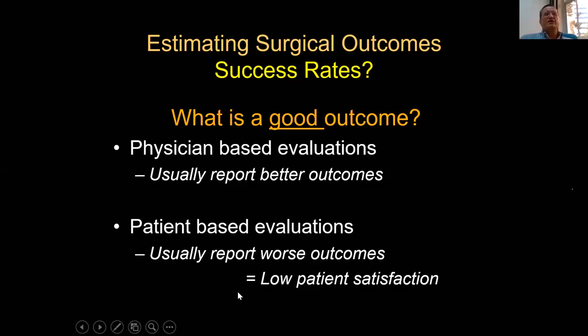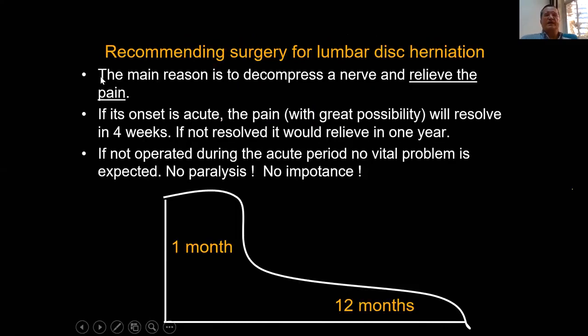Recommending surgery for lumbar disc herniation. The main reason is to decompress and relieve the pain. And if it's acute, it may resolve in the first 4 weeks. After 4 weeks, it will not get a very fast recovery.